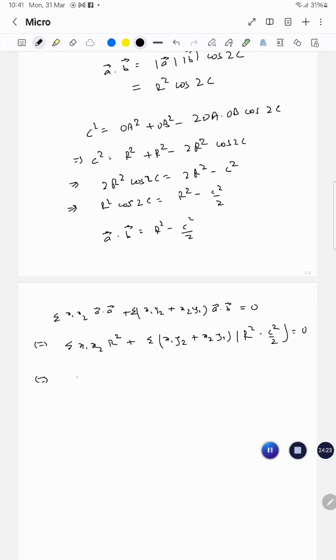Summation of x1 x2 R square plus summation of x1 y2 plus x2 y1 R square minus summation of x1 y2 plus x2 y1 C square by 2.